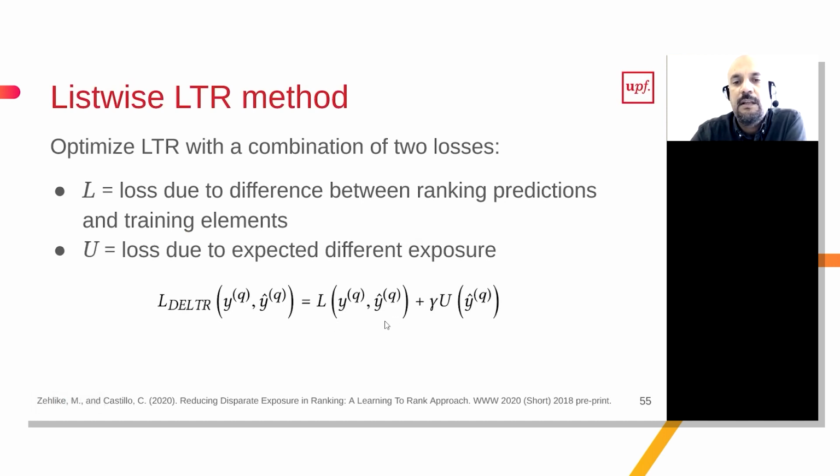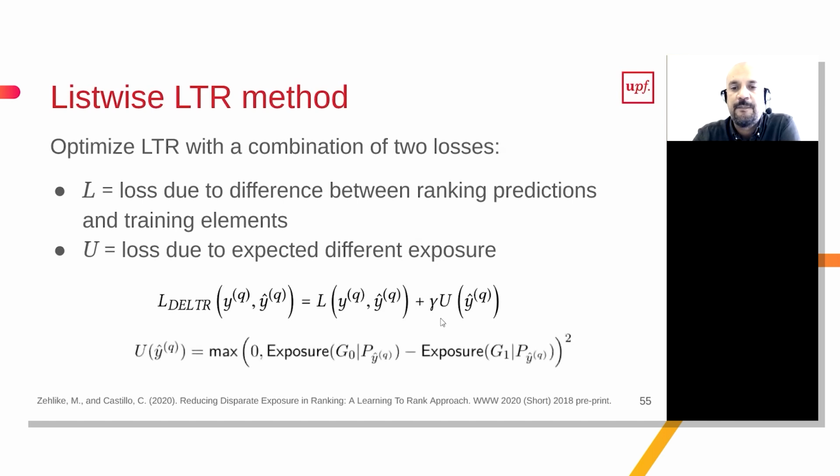The loss will be the difference between the output of the ranker for the training set and the training set itself. So this is a loss that you try to minimize when you learn a ranking. But you can also include a penalization term for unfairness. So that would mean if your ranker is consistently producing results that don't pass a rank group fairness test, or they are not considered fair, then you can change the parameters so that you can pass this criterion.